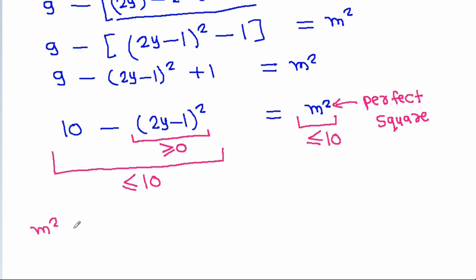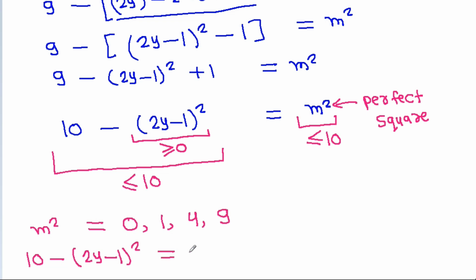So M square can be equal to 0, 1, 4 and 9, and M square is 10 minus 2y minus 1 square. It can be equal to 0, 1, 4, 9.